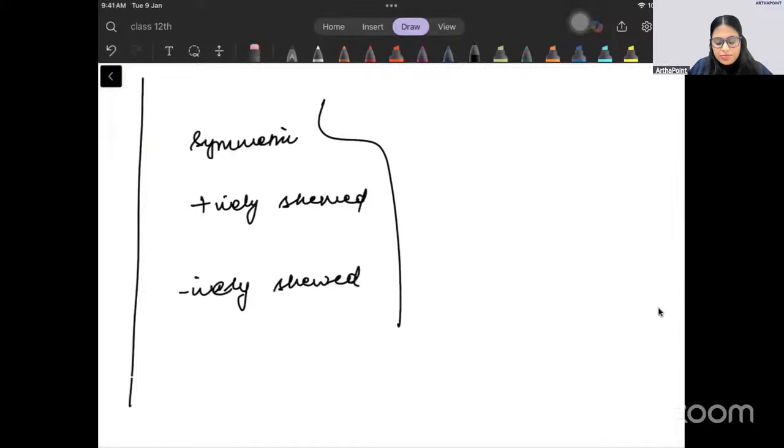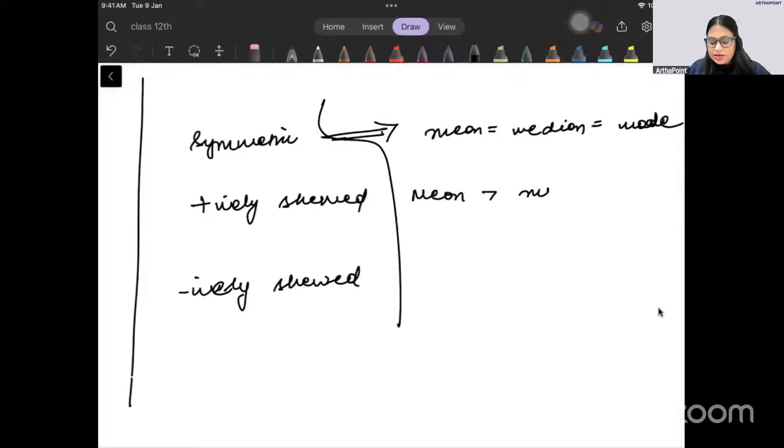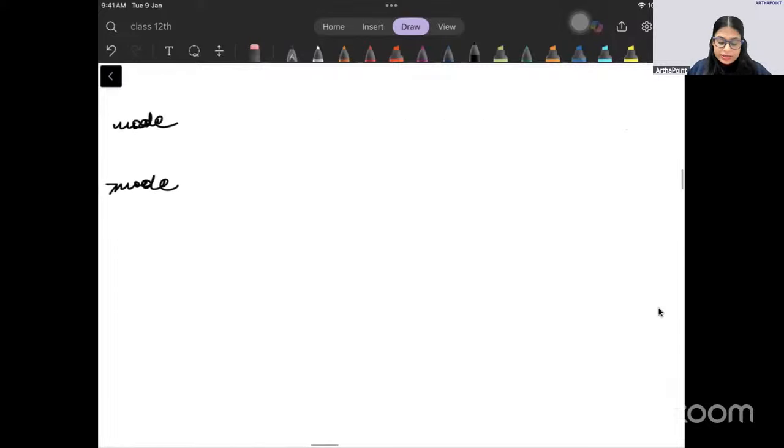So if I have a symmetric data set, it means that mean, median and mode will be equal. If I have positively skewed, then mean is greater than median, which will be greater than mode. Mean greater than median greater than mode, what does it mean? Look, here these are all values of x: 1, 2, 3, 4, 5.